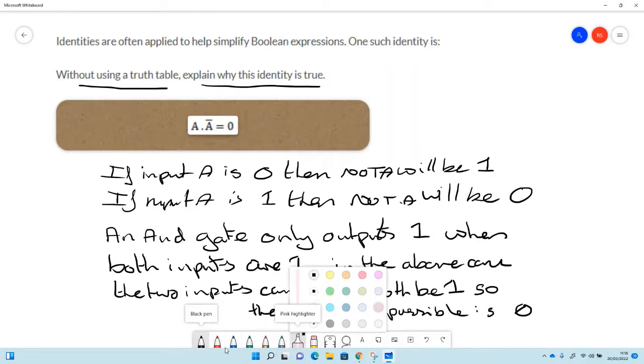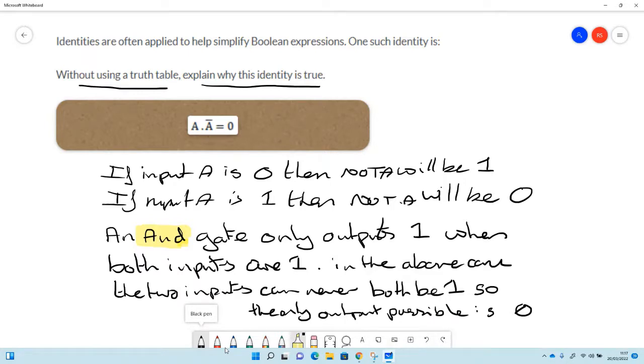So one of the important things here is actually using this word, the AND gate, making sure we've got AND in there, because that's an interpretation here. So A dot not A, it's not telling us that's an AND gate, so we're showing the examiner that we know that that's AND. So having that word in there is really useful.